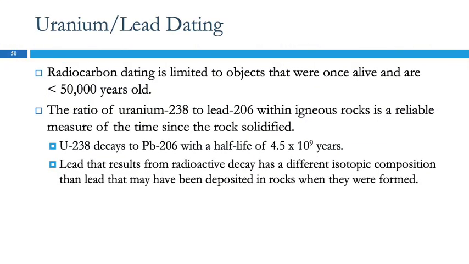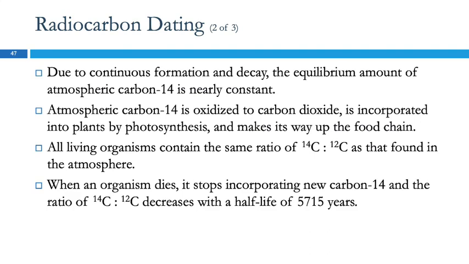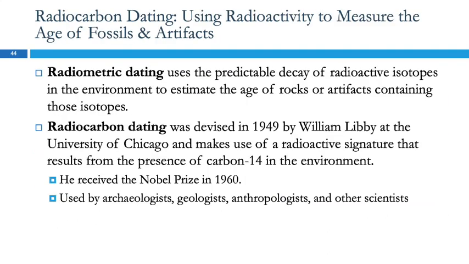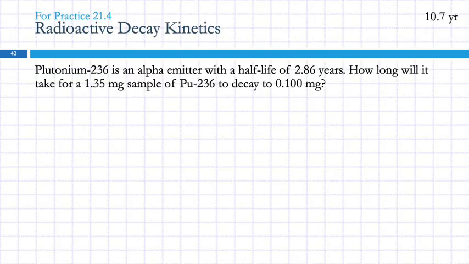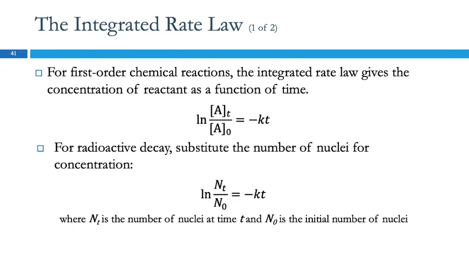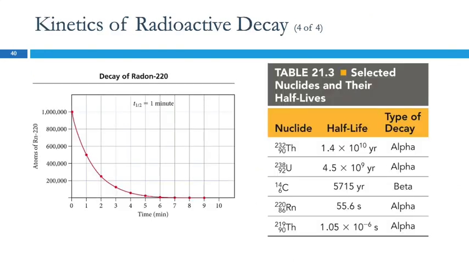No, I didn't put it on here. That'd be too useful. We're going to need the half-life of uranium, which is hiding way back here. There we go. Uranium-238: 4.5 times 10 to the 9 years.